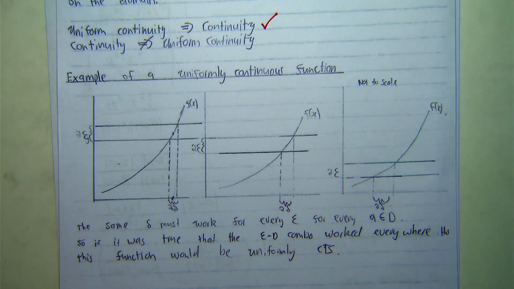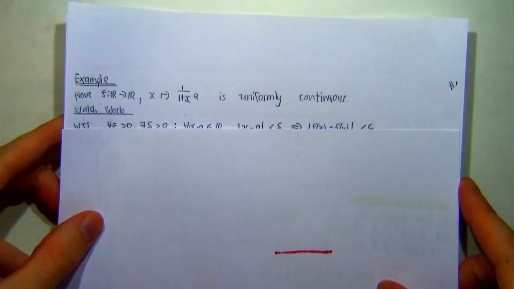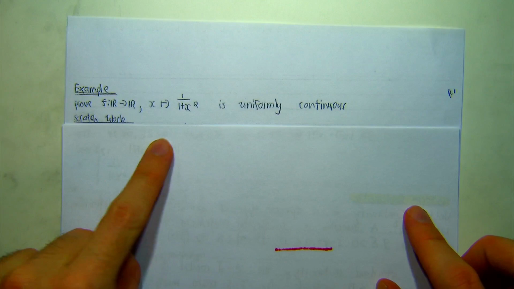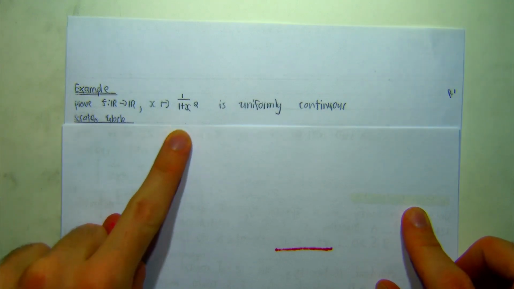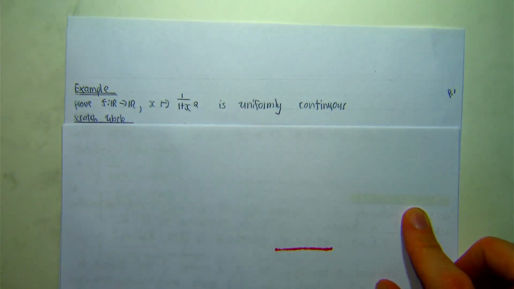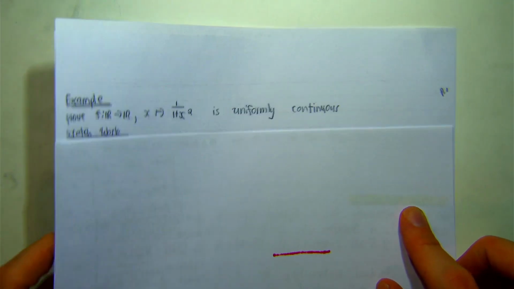Okay, so let's look at an example of how we can prove a function is uniformly continuous. The one that we'll look at is this example here. Let's do the scratch work together to essentially solve the question, and then I'll walk you through the proof solution of formalizing that argument.